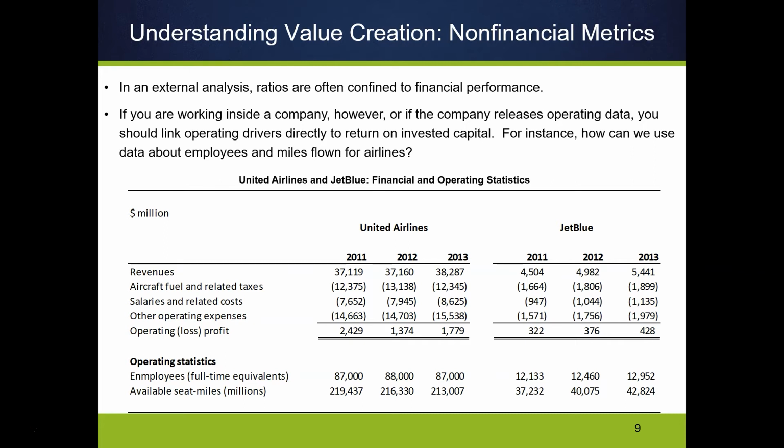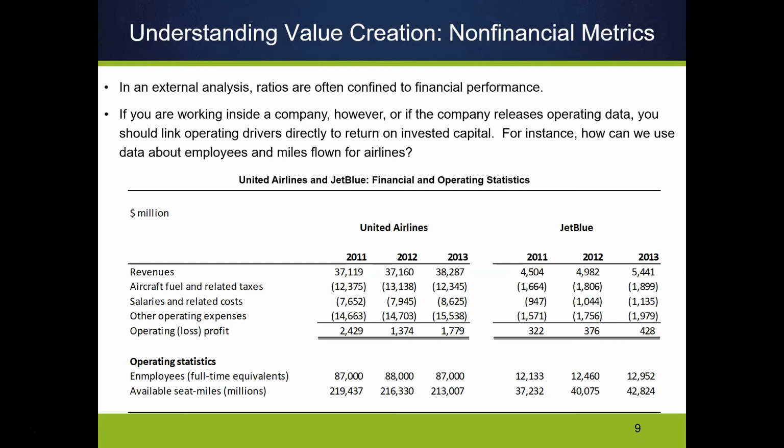But we are breaking down the cost measures, and one of the things we would notice here is that salaries, which is one of the biggest cost drivers for airlines, since they have a lot of really highly paid employees, salaries as a percentage of revenue is almost the same for United and JetBlue, 20% and 21%, right?